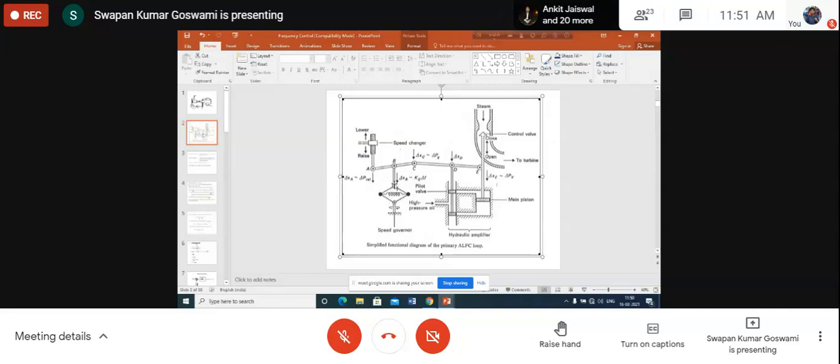When the frequency is less than synchronous, the fly balls come closer because the tension on the spring is less. When the speed is synchronous, there will be a predefined tension on the spring, and a specific distance between the two balls. Tension below that indicates low speed, and tension above that indicates high speed.